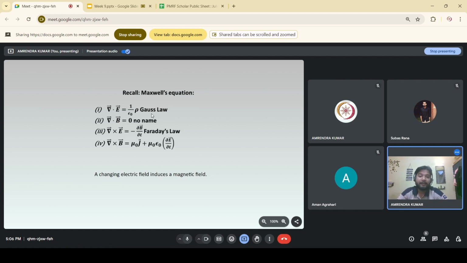And the fourth equation is del cross B is equal to mu 0 J plus mu 0 epsilon 0 del E over del T. The term del E over del T is the displacement current, which can be understood if you have a capacitor and you are applying some DC current. If you take a Gaussian surface there, you can calculate some magnetic field, but between the plates there is no current, so how do you account for it?